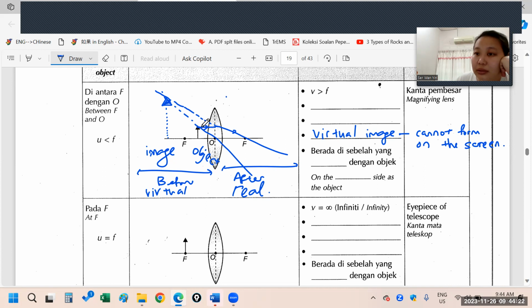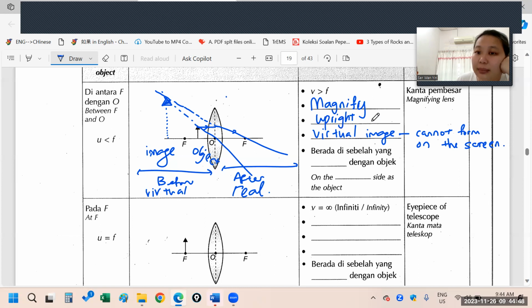Okay, so now how about the size? Bigger, what do we say? We say magnified. Image bigger means it is magnified. And since it's virtual, normally it's upright.